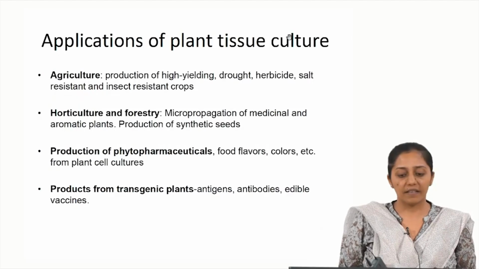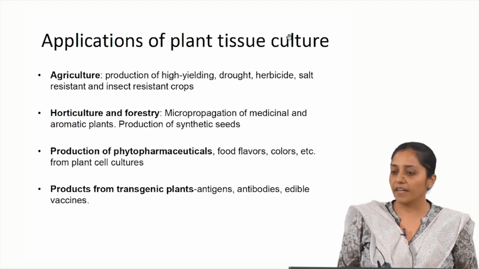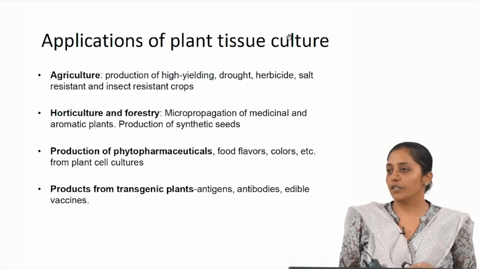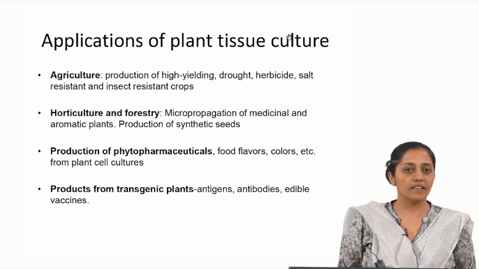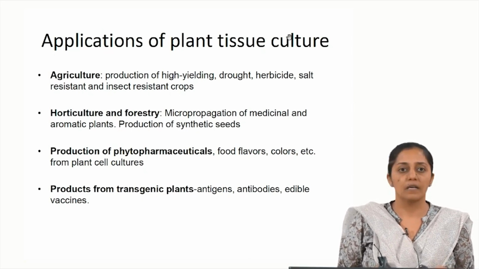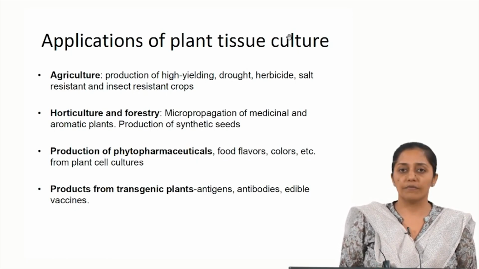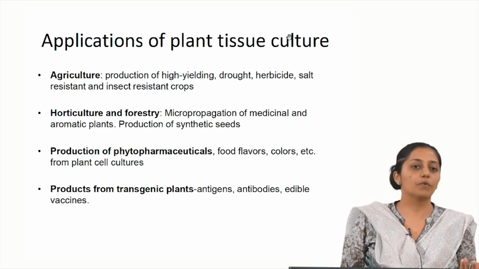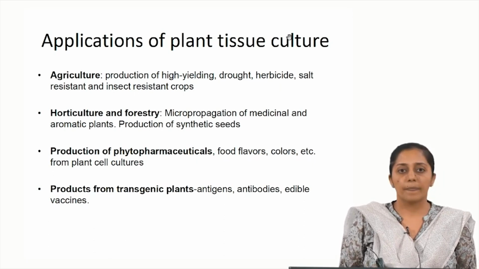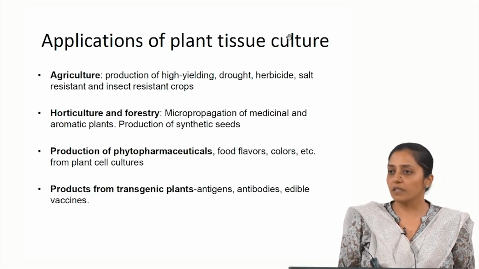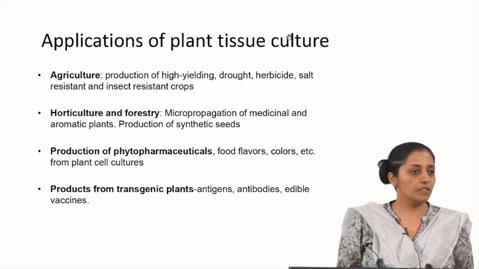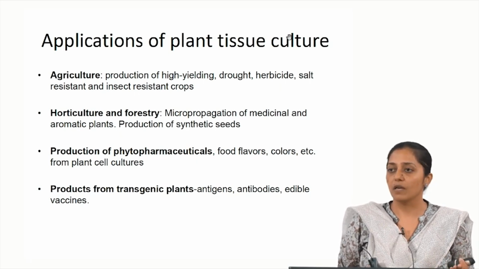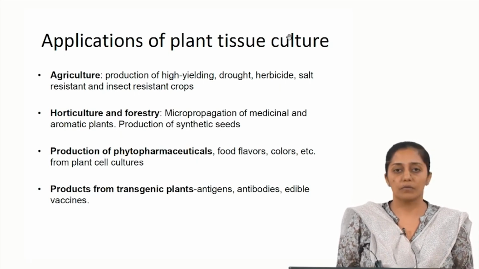Applications. In agriculture, there is production of higher yielding, drought resistant, herbicide resistant or salt resistant species of crops. Then horticulture and forestry, if you want to do micropropagation or produce synthetic seeds. Then in production of phytopharmaceuticals, callus, cell suspension cultures or hairy root cultures, which is organ culture, come into play.